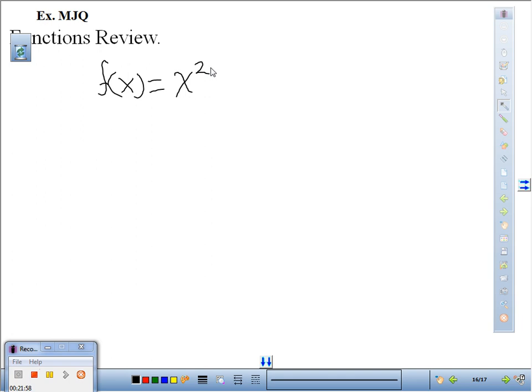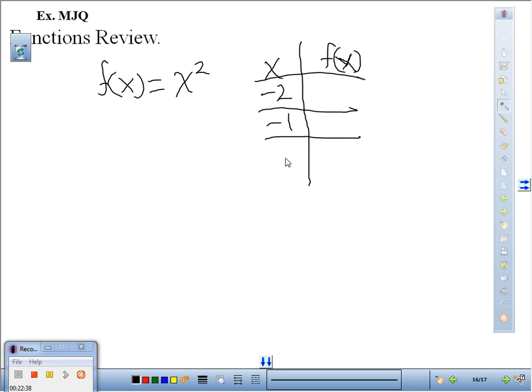All right. We started with f of x equals x squared. There it is. And I said, to graph this, we need to make a table. And I said, x, f of x, and we usually use the domain -2, -1, 0, 1, 2. And this has been going on since 8th grade, is that correct?